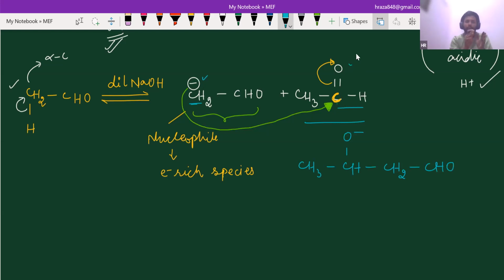Since oxygen took electron from this carbon, it will have a positive charge. But at the same time, this carbon donated electron to this carbon because it has a deficiency of electrons. So there was a positive sign, and since this carbon donated electron, there will be a negative sign. So negative and positive cancel each other and they bond together in this form. Is that clear?